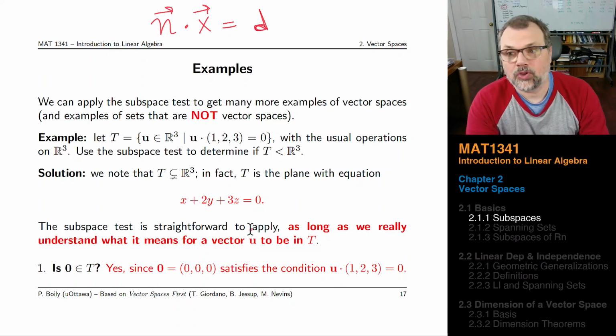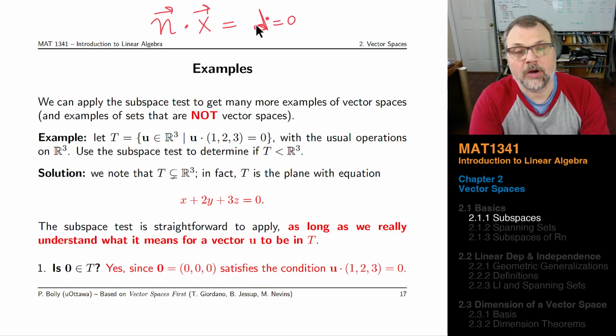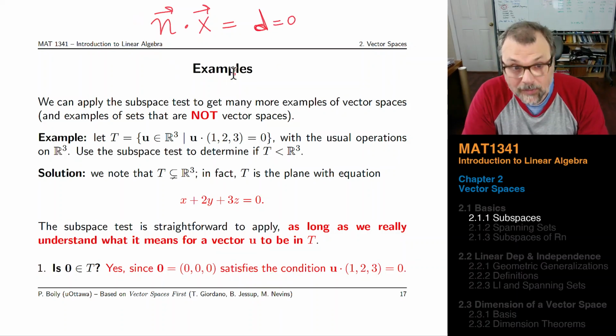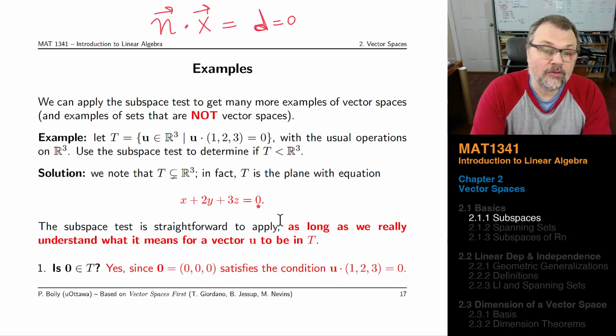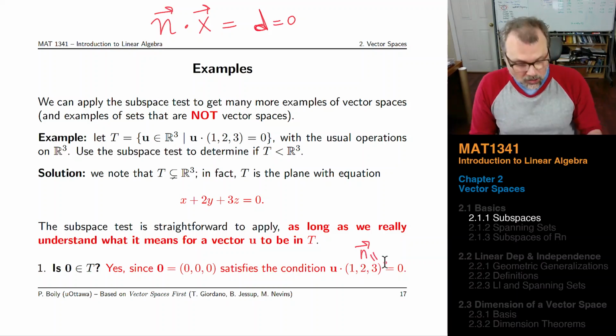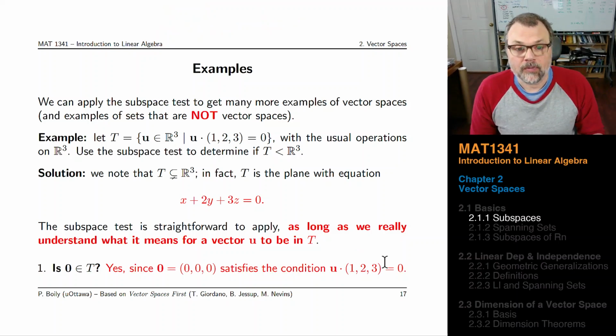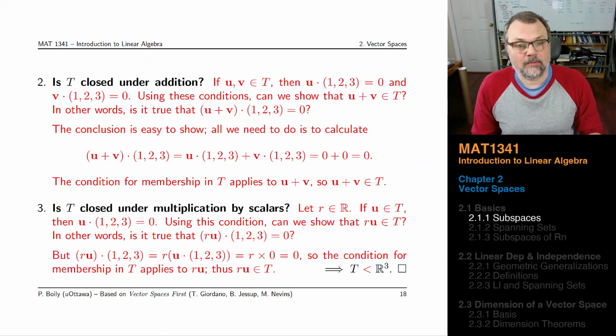What this example shows us is that if d is equal to 0, then the corresponding plane is going to be a subspace. Because none of what we've done here really depended on the normal vector being exactly 1, 2, 3. We could have had just a regular n throughout, and the results would have been the same. The proof would have been the same.